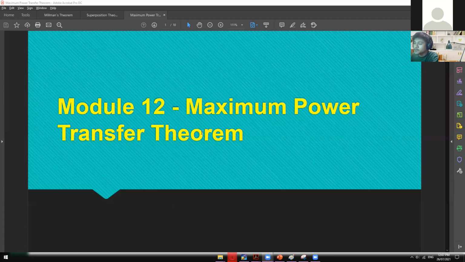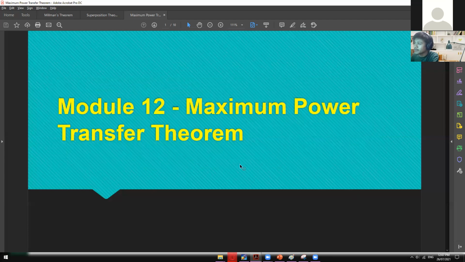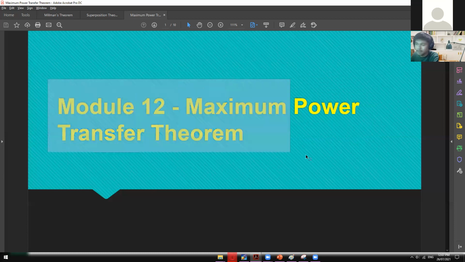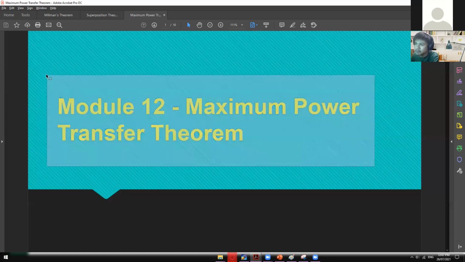All right. So before I discuss everything with the maximum power transfer theorem, before you can apply this one, you must know Thevenin's theorem and then Norton's theorem. Those two theorems, because if you're not familiar with them, you won't be able to use this theorem at all.